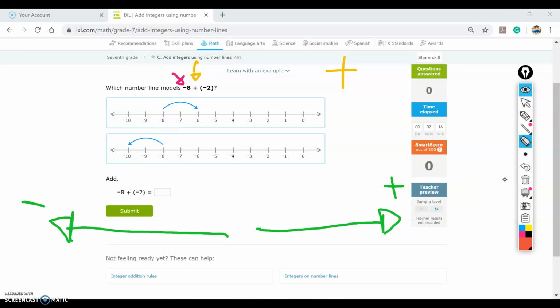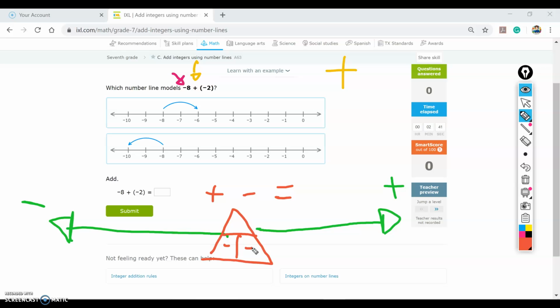Now they're telling me that I need to add a -2. The problem here is that I have a positive and a negative sign, so what would this be equal to? If you're not sure about that, you might remember this triangle. You learned it a couple of years ago, maybe last year, or maybe in 6th grade.